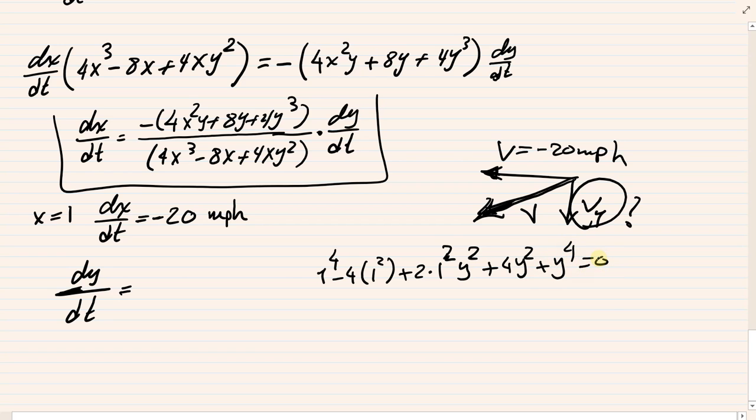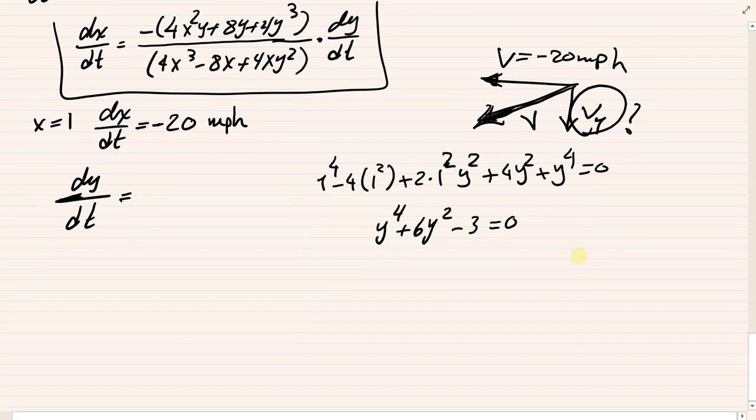And then if we simplify this, we're going to get y to the 4th, let me write that first. Y squared, we got 2 and 4, that makes it 6y squared, and then the constant is negative 3, equals 0. Now, this one we can solve for y.